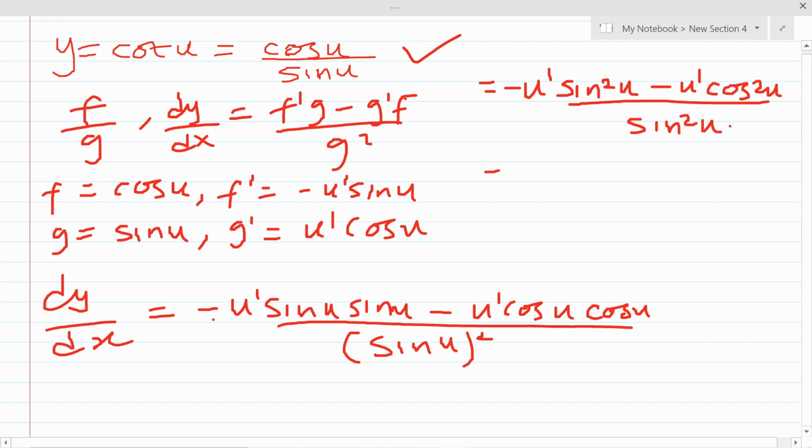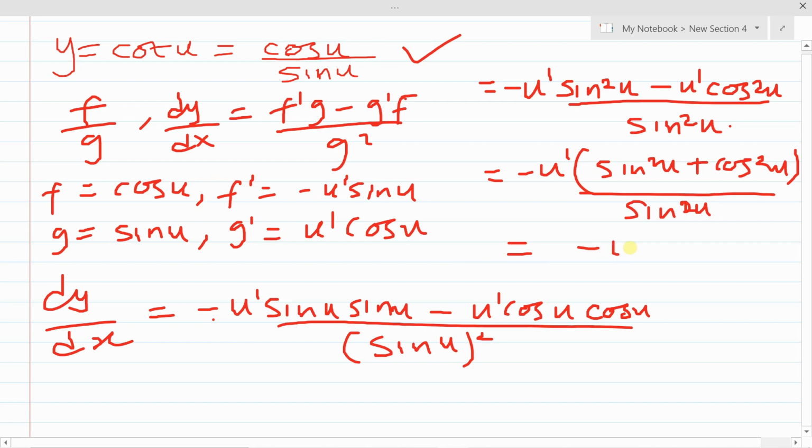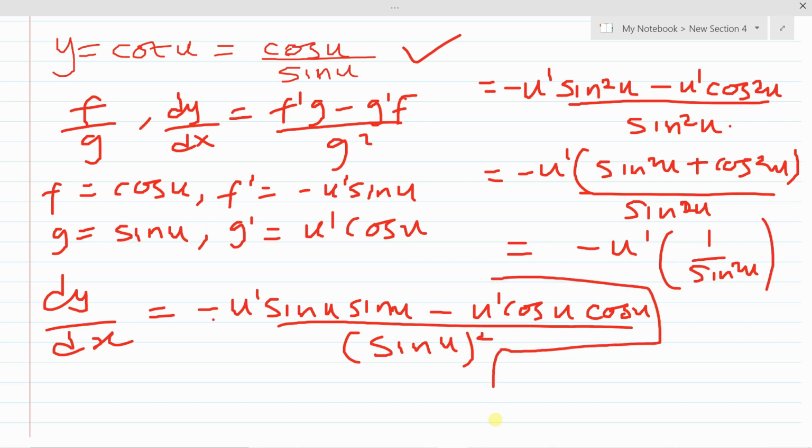Now this will be equal to minus u prime out, sine squared u plus cos squared u, all over sine squared u. Now sine squared u plus cos squared u is 1, so we have minus u prime times 1 over sine squared u. Let me put a bracket here. It will be equal to minus u prime times 1 over sine u, all squared. So this is what we've gotten.